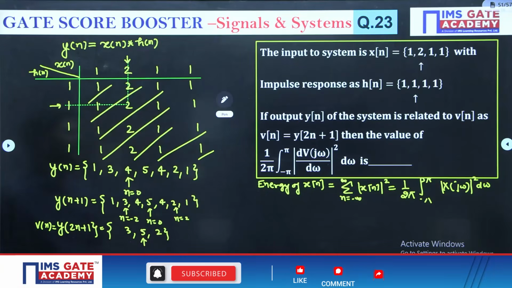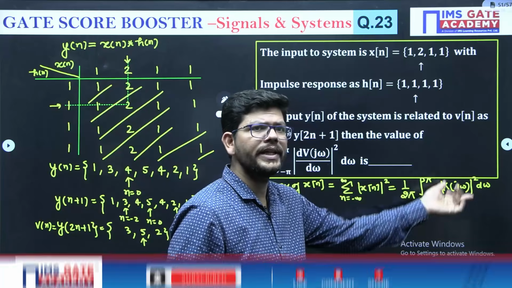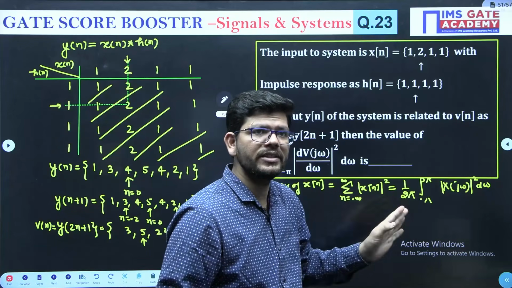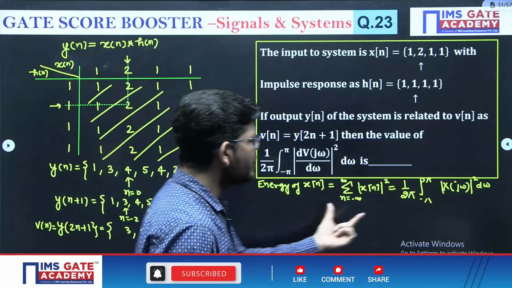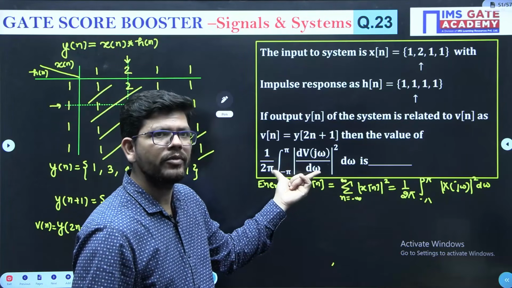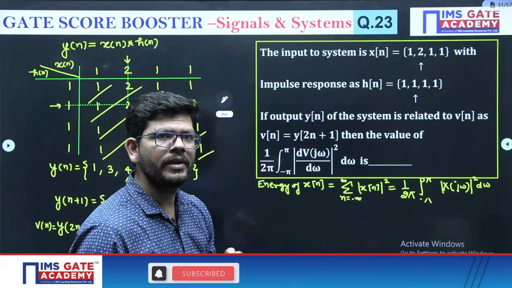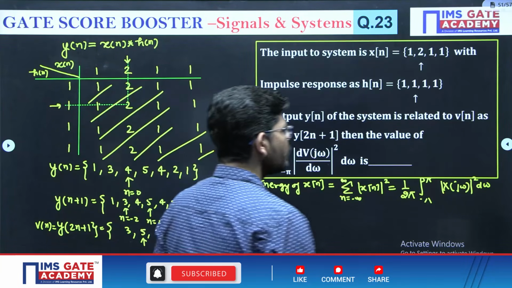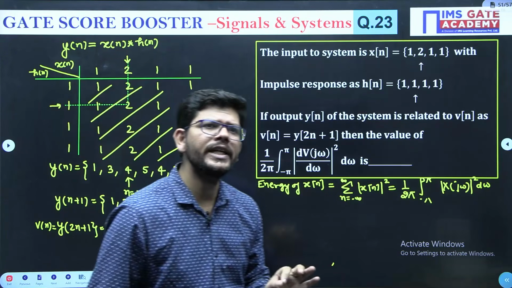Okay, you can write X of e to the power j omega or X of j omega. This is denoting the DTFT, right? You can write anything. Now see, this is Parseval's theorem, so you can find a match with what is given here. But not only a match, they are differentiating also. So differentiation is done in the frequency domain. Now when do we differentiate in the frequency domain?